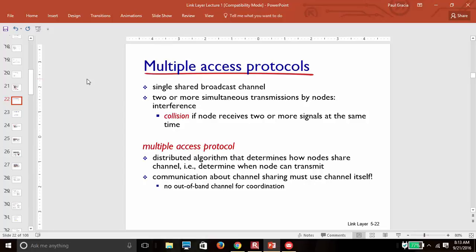Over the course of history, there have been many different types of multiple access protocols, but we're not going to cover everything. We're going to minimize our focus and cover what I feel is most important for this review.